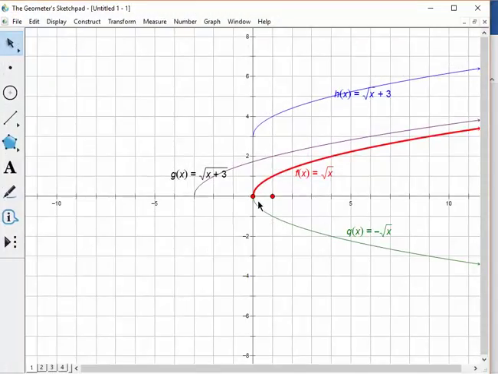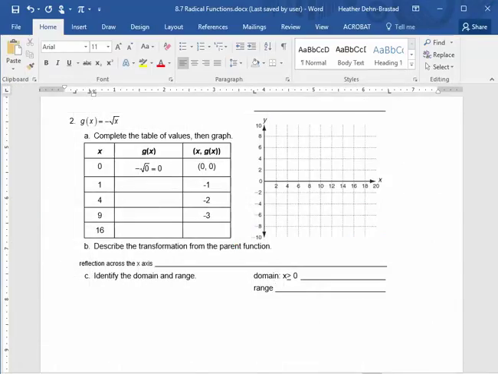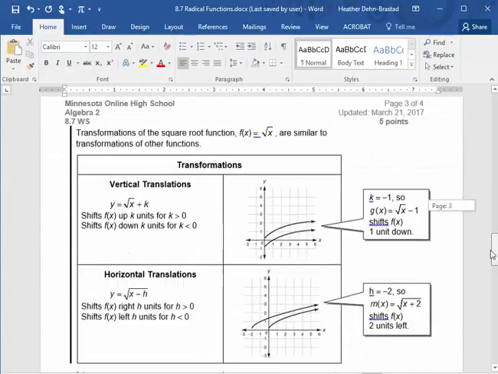So the domain is x is greater than or equal to 0, but look at my range. The y values are never greater than 0. So y is less than or equal to 0. So I would type that the range is y is less than or equal to 0. And it can be 0 because the square root of 0 is 0, so I will underline that less than sign.